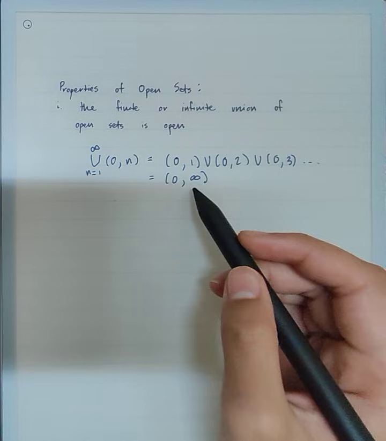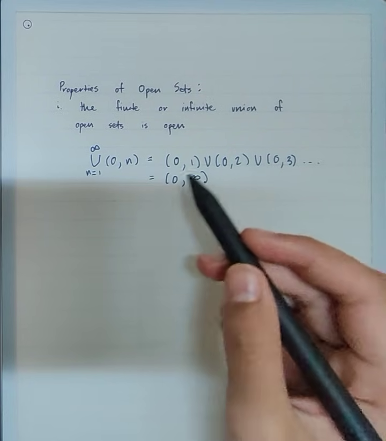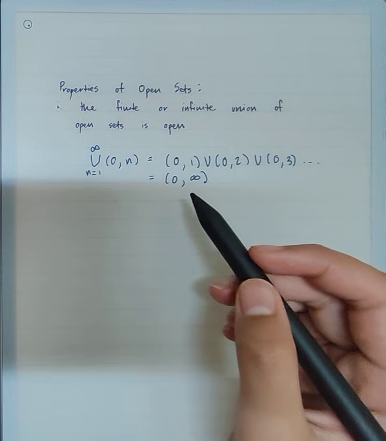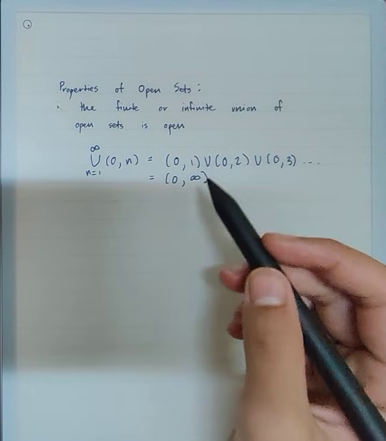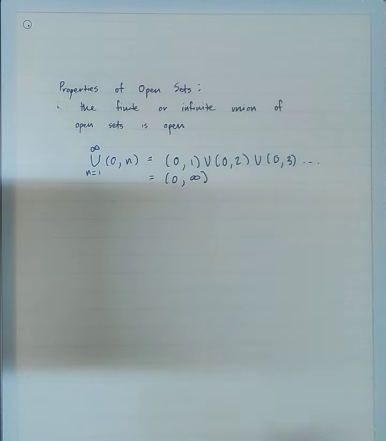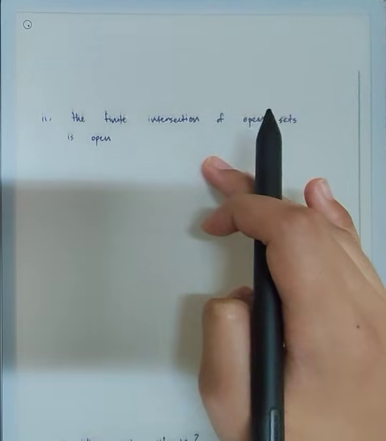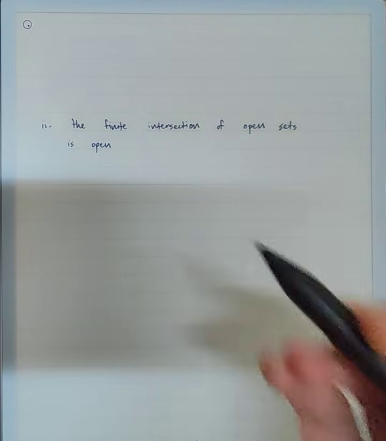This is an open set because I can take every single element in this set, and I can draw some sort of an epsilon neighborhood around it, and it'll still be contained within this set. Now let's look at the second property: the finite intersection of open sets is open.